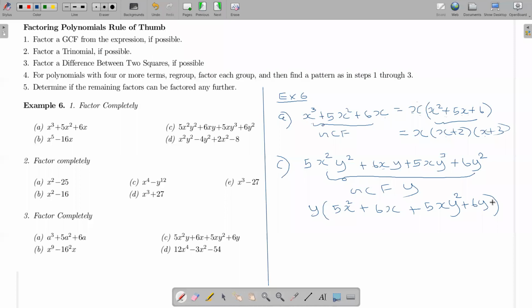I always first try the common factor. Okay. Now here these two don't have, now it is 4 terms. If it is down to 4 terms I can use that 4 term method.